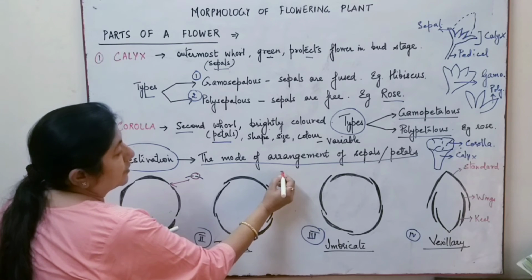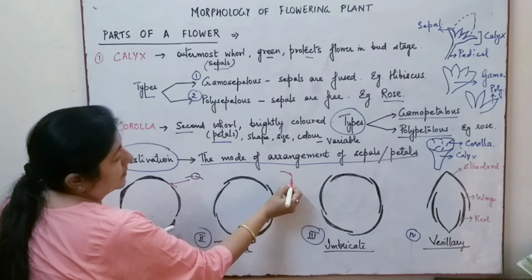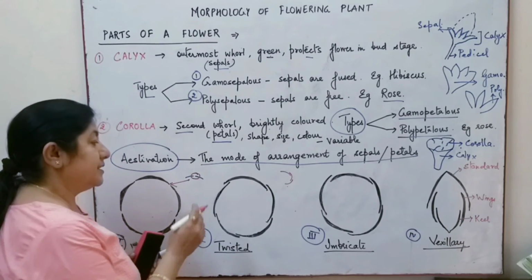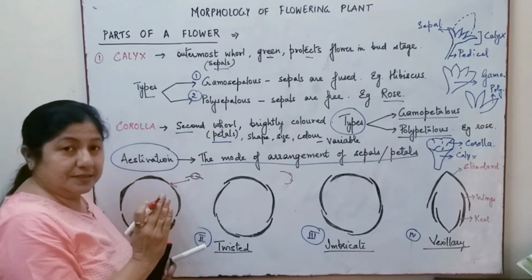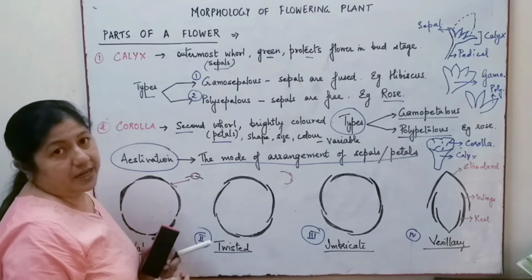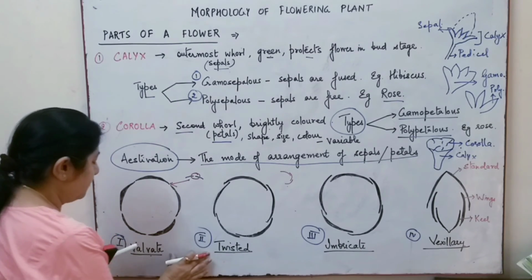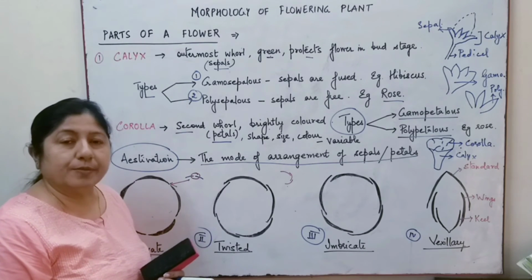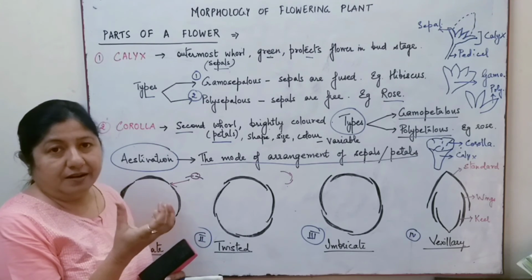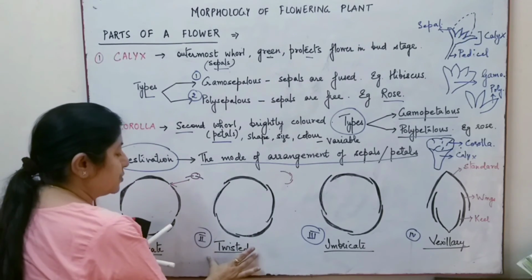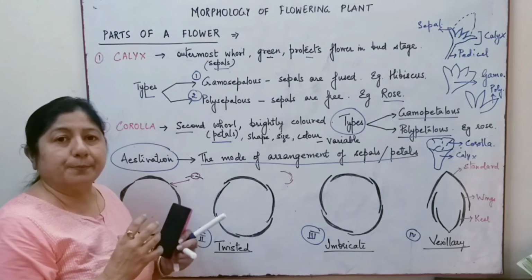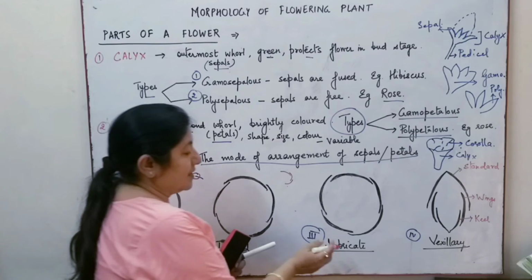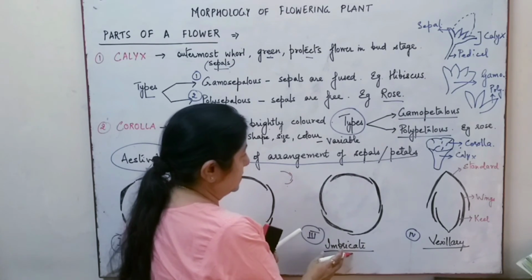So it's kind of a twisted arrangement. Therefore, the name twisted. And the hibiscus petals will show the twisted arrangement. So if we observe carefully, the valvate arrangement is shown by the hibiscus flower sepals, and the twisted arrangement is shown by the petals of the hibiscus flower.